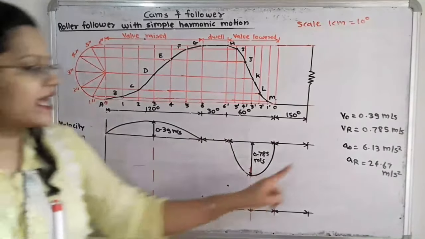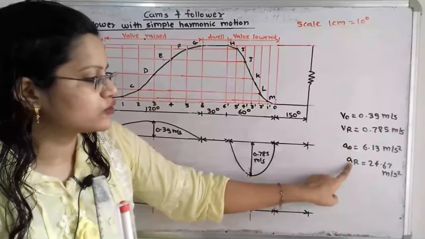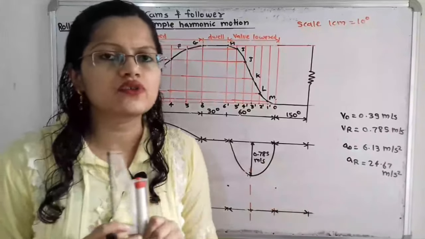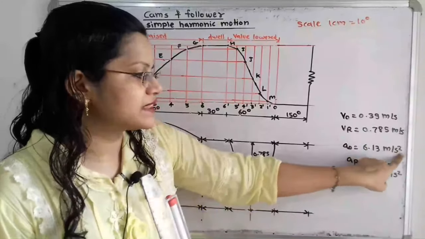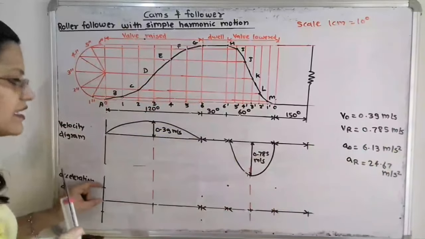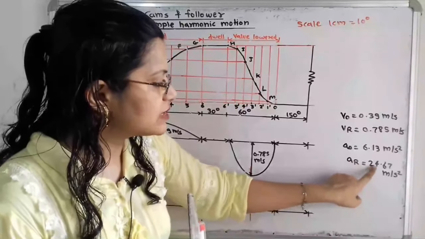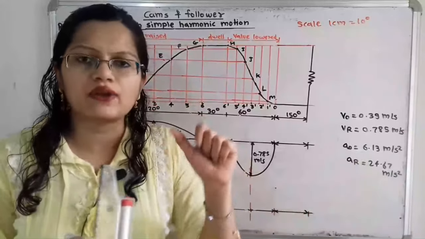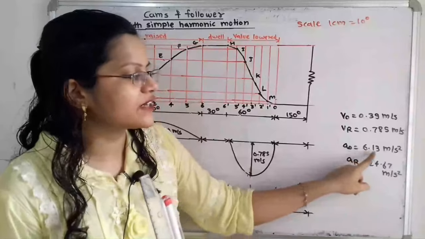Then we will move to the acceleration diagram. So this is the maximum value of acceleration during outstroke and the maximum value of acceleration during return stroke. Here also we will take some suitable scale. Here 6.13 meter per second square, so we will select a 6 centimeter distance, and for the return stroke it is 24.67 meter per second square, so we would select 24 centimeter, or we can also take the scale which is equal to half.